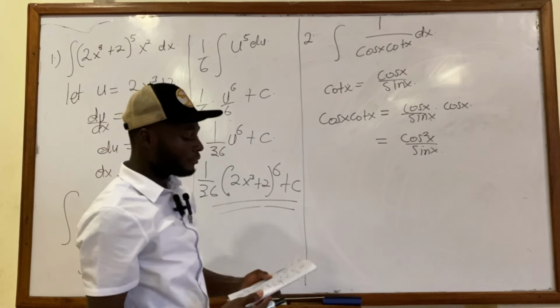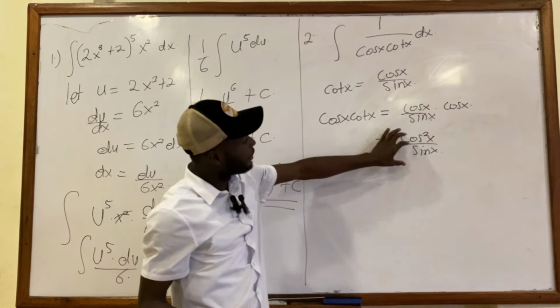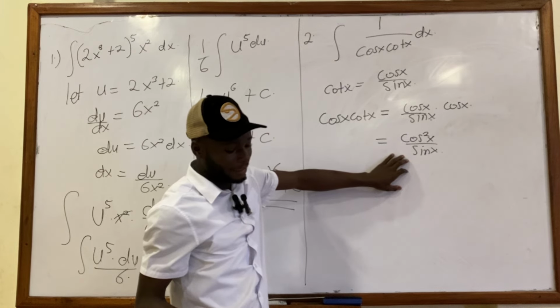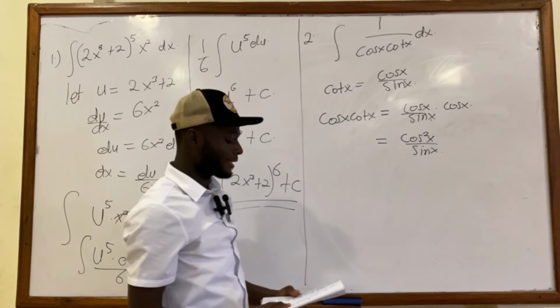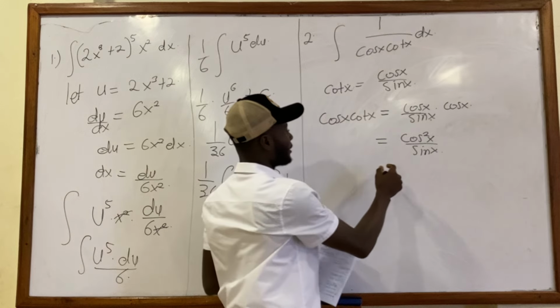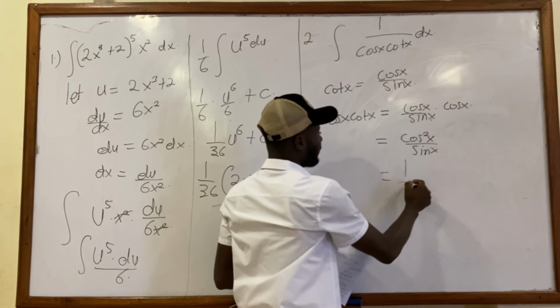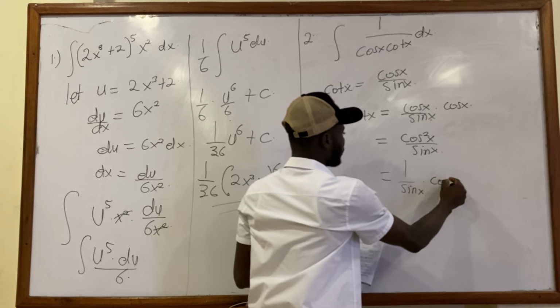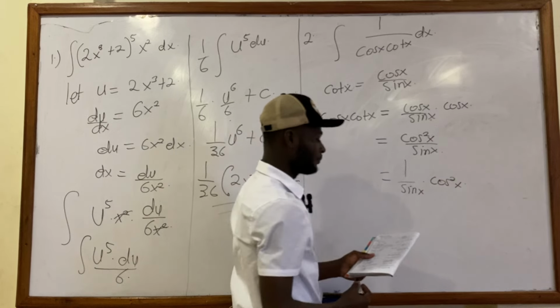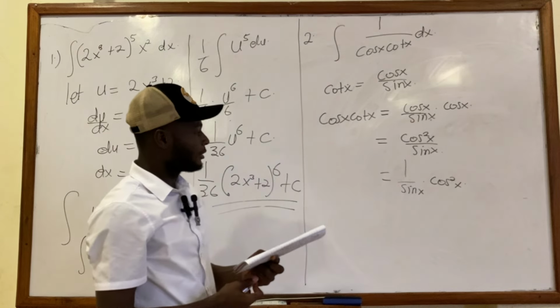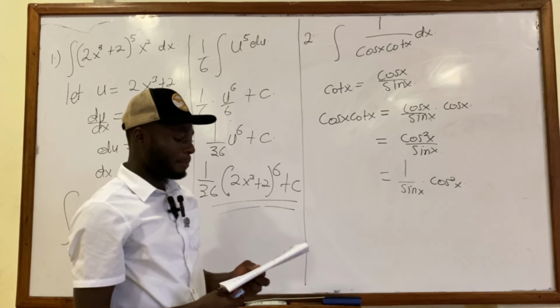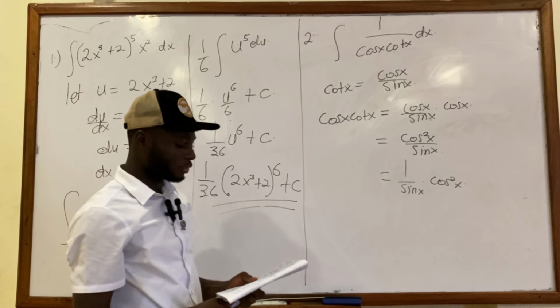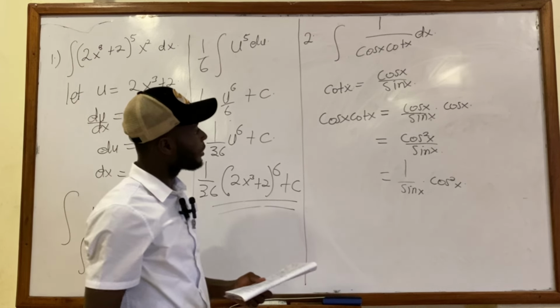So this particular function, cos squared x over sin x, we can rewrite as 1 over sin x times cos squared x.